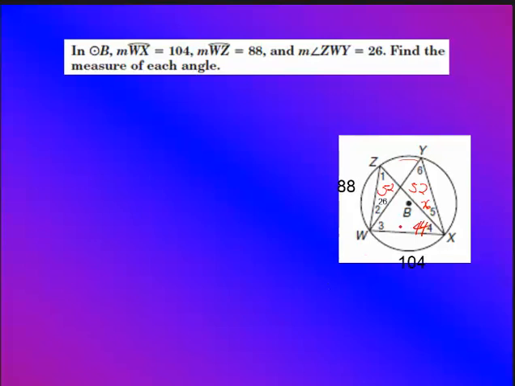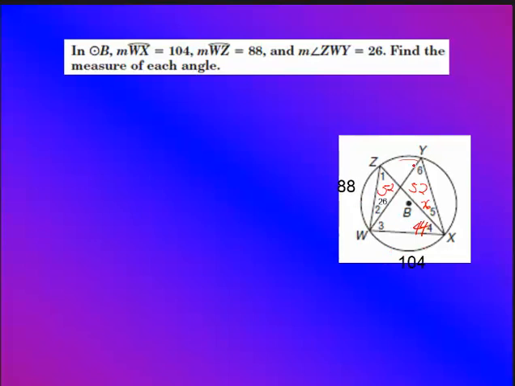Now there's really a couple of approaches here to find angle 3. We could find all of these arcs and see what's left over here. I know this arc is 104. I know this arc is 88.